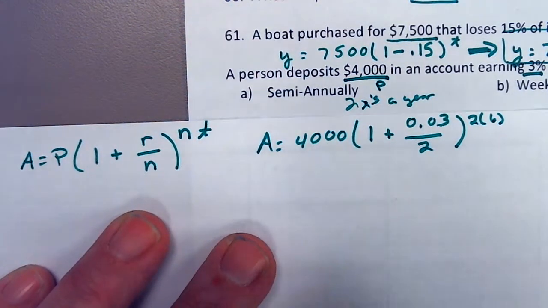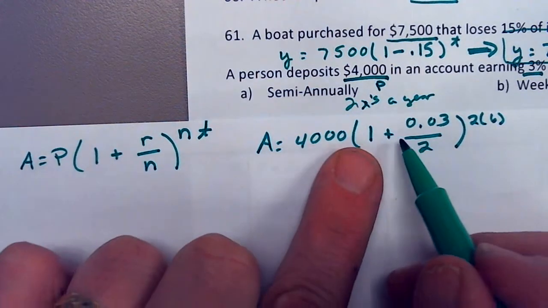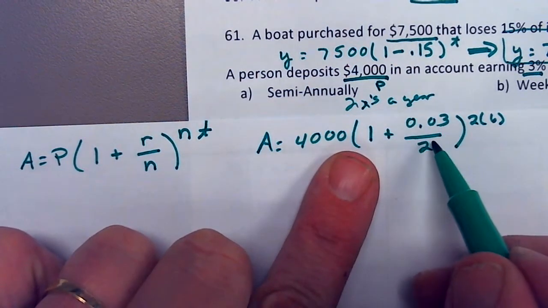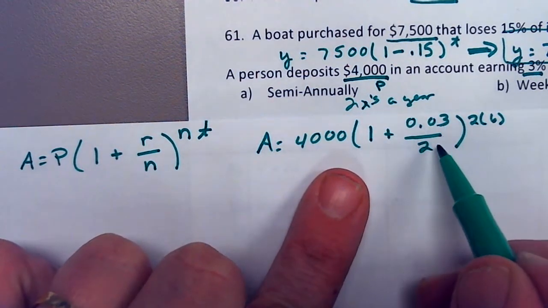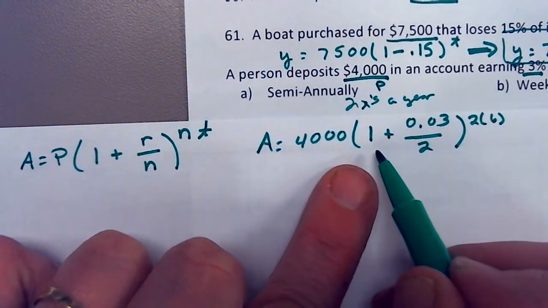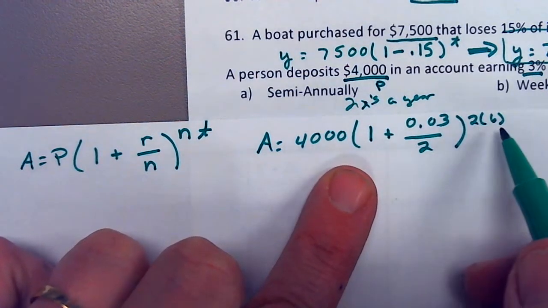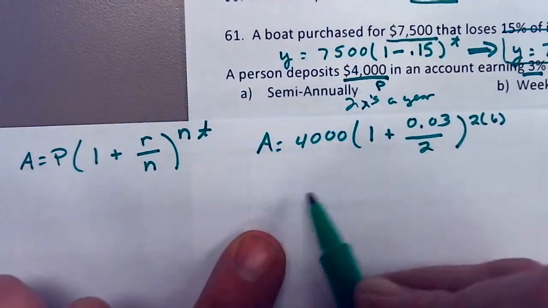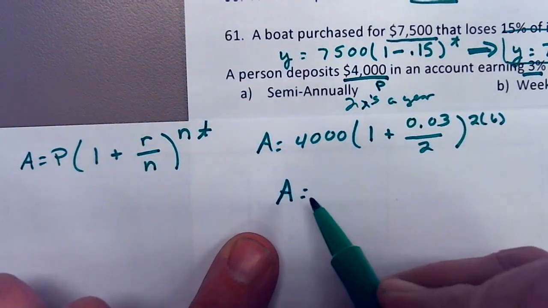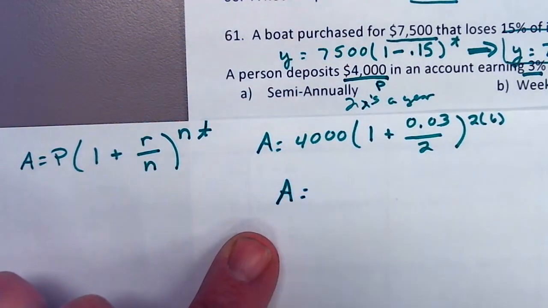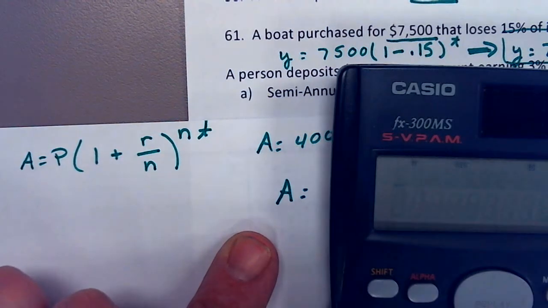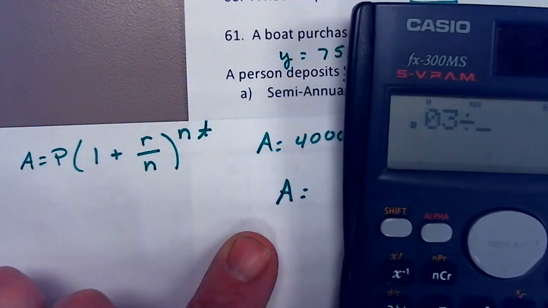When you plug all this in your calculator, be sure you do what's inside the parentheses first. So divide 0.03 by 2, then add the 1, then take it to the 12th power, because 2 times 6 is 12. After you do all that, then multiply by the 4,000. Let's just do it: 0.03 divided by 2 equals, plus 1.